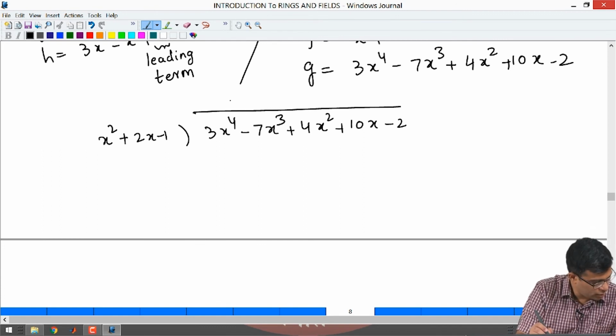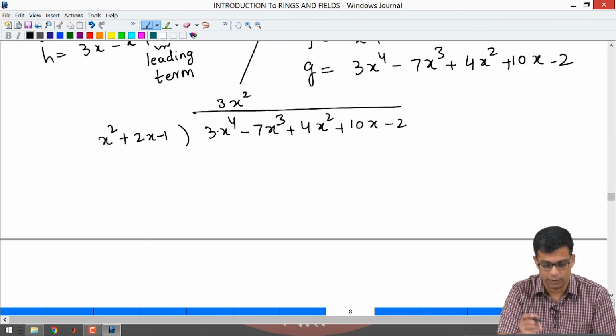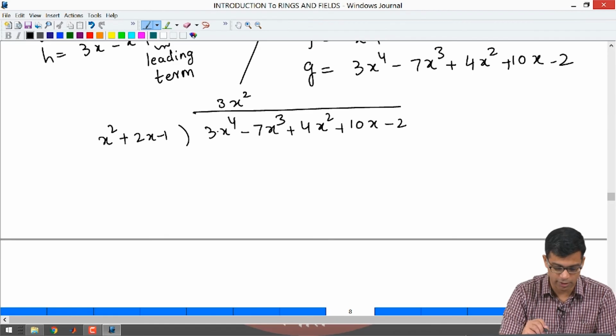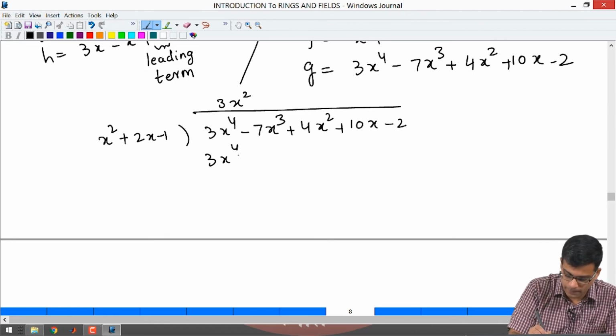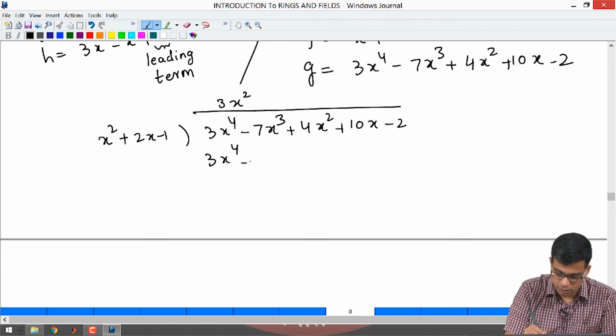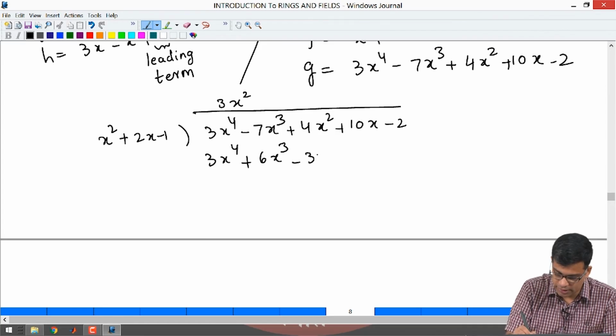That is simply 3x squared. Here you see why I need the leading term to be 1, because if it is not 1, I may not be able to get the 3 that I want. I will describe this again in examples. So, x squared times 3x squared is 3x^4, you have plus 6x cubed minus 3x squared.